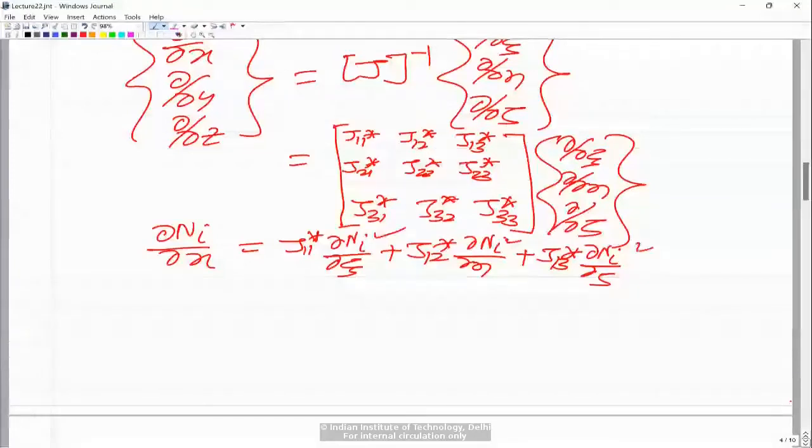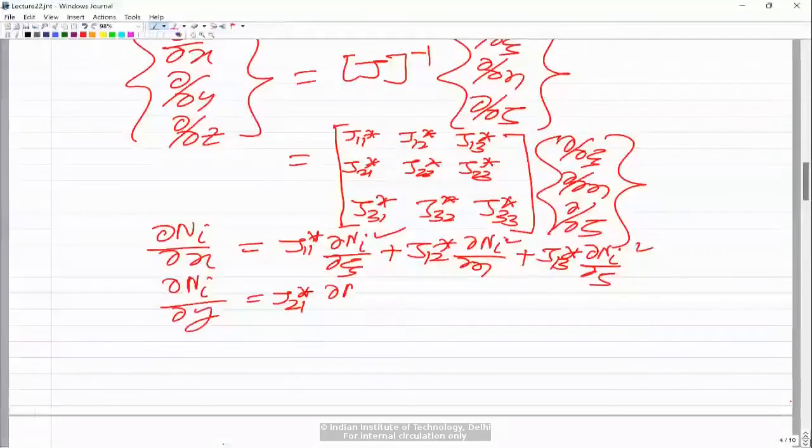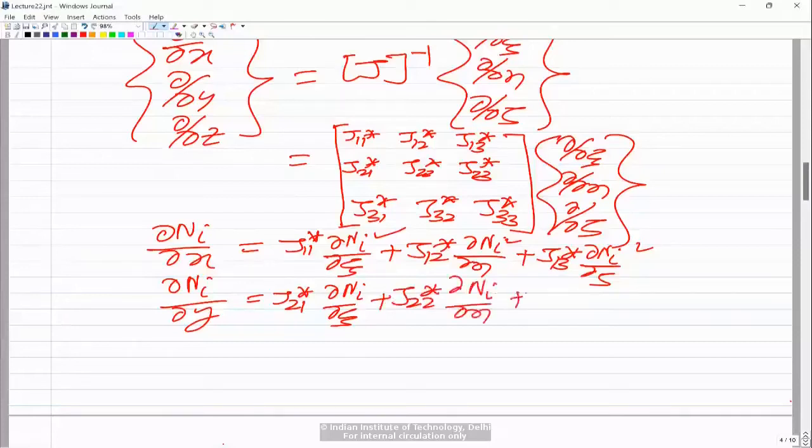and through this relationship we can get the derivatives of all the shape functions with respect to x. Similarly, del Ni by del y would be equal to J21 star del Ni by del xi plus J22 star del Ni by del eta plus J23 star del Ni by del zeta.